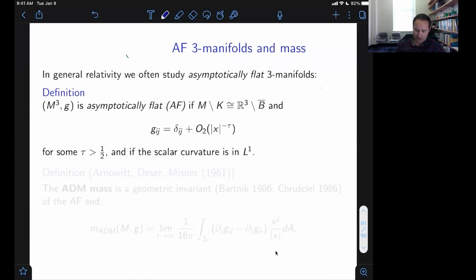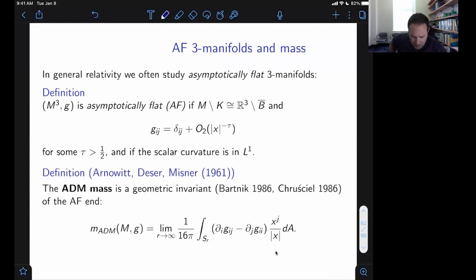The significance of those decay assumptions is that you can define the ADM mass. Physically, you can think of this as the total mass, where M is a space-like hypersurface in a space-time. So this is a geometric invariant that has this physical interpretation as mass. Again, we're using the word mass for two very different things in this talk. This is the physical one.